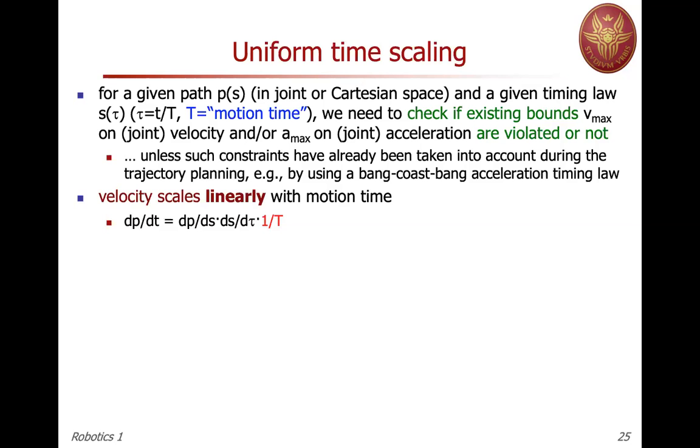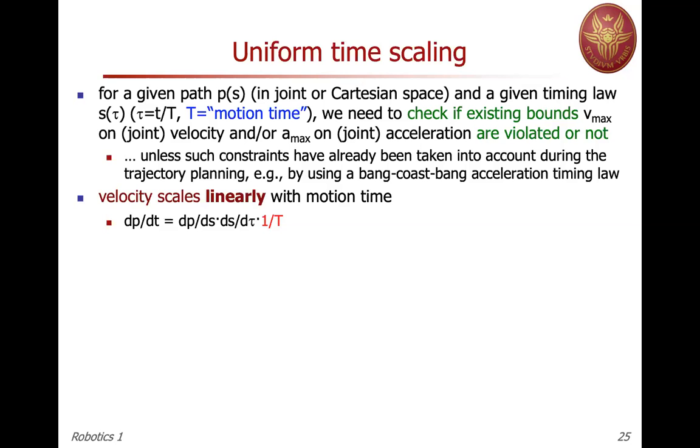And this is because if we compute the time derivative, so with respect to the natural time of our motion, so p dot or dp over dt, and s is a function of tau, tau is a function of t with a factor of capital T.